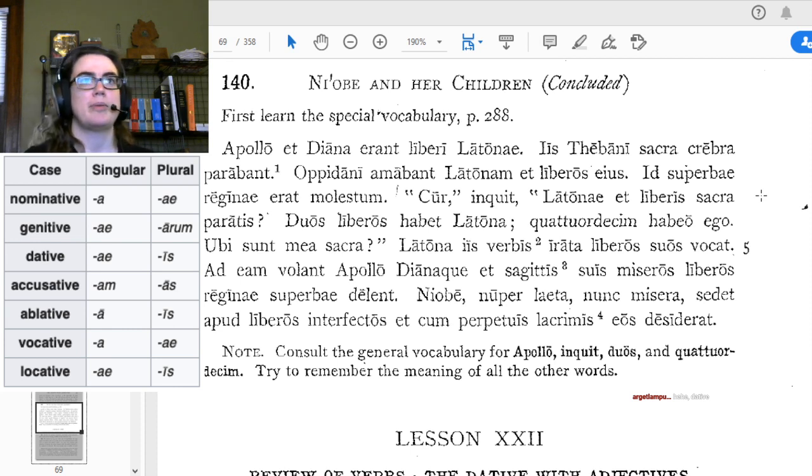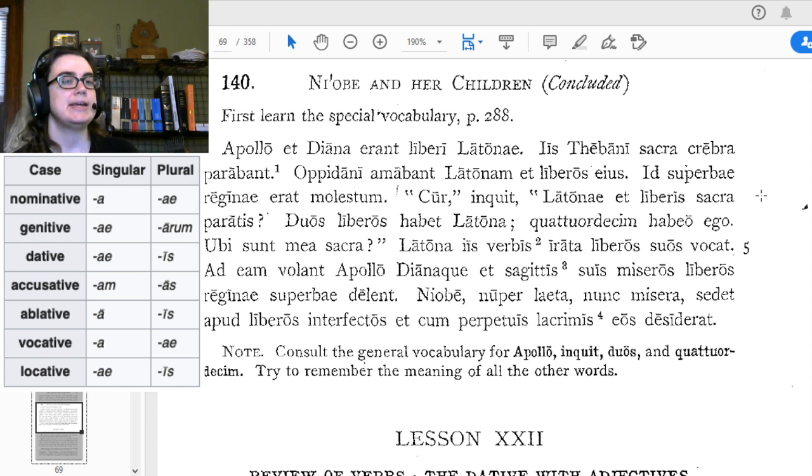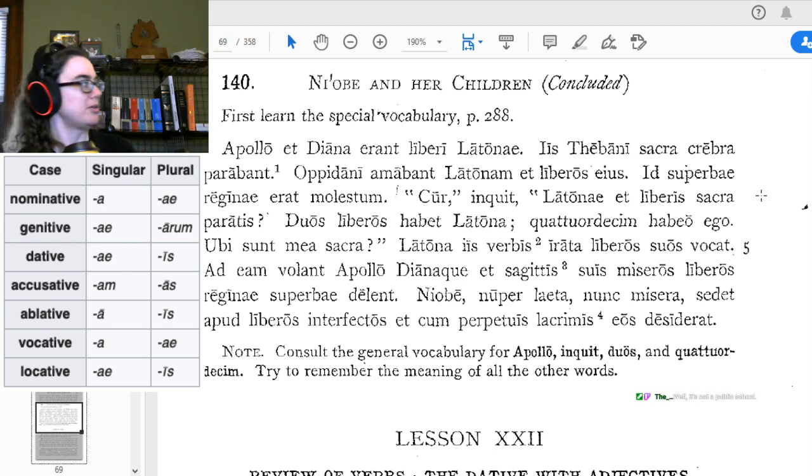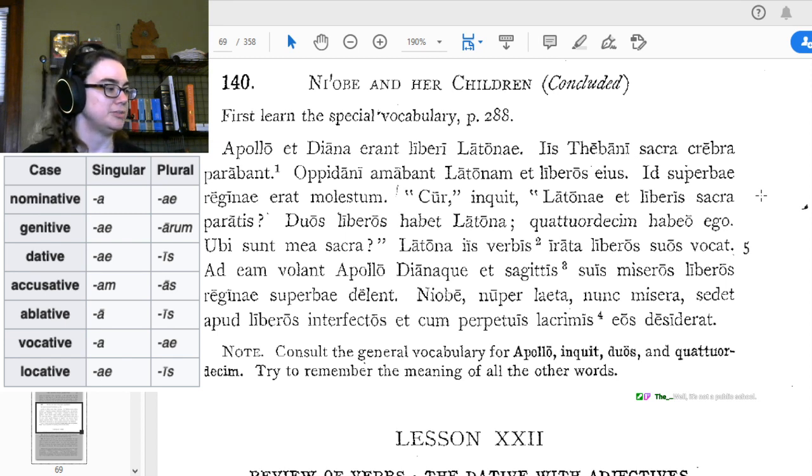So superbae reginae is our dative. Dative is translated with to or for. But as we're used to seeing it, it's an indirect object. I give something to Punch. I gave money to McDonald's for my drink.